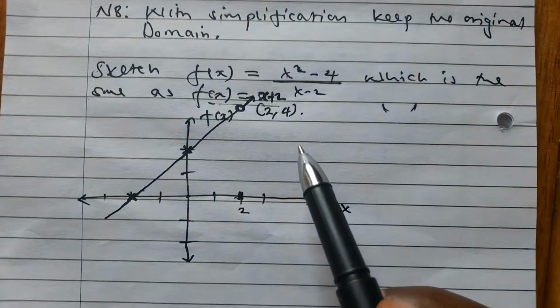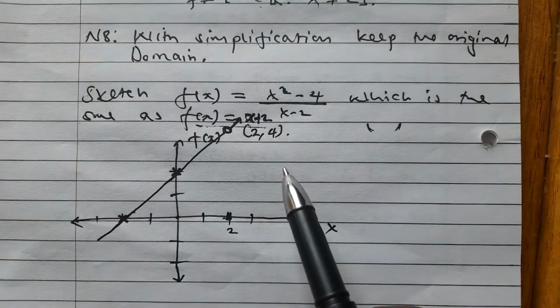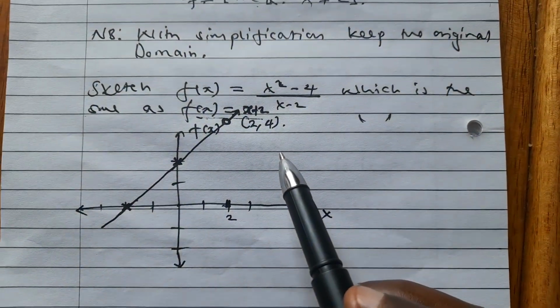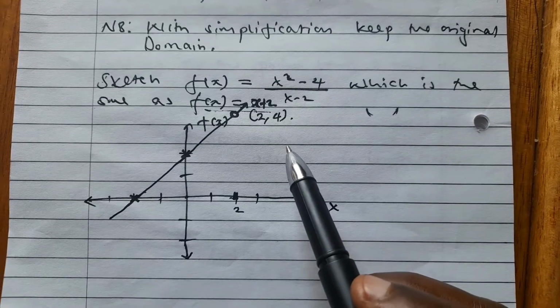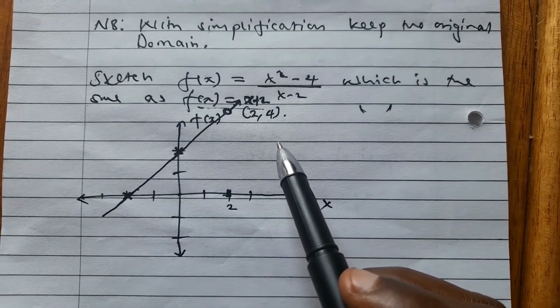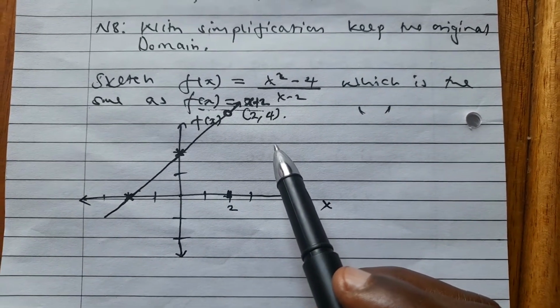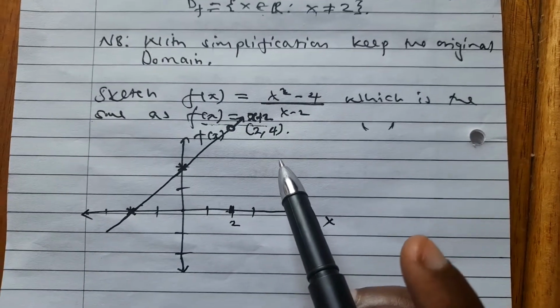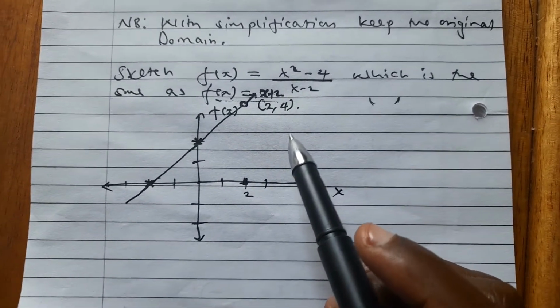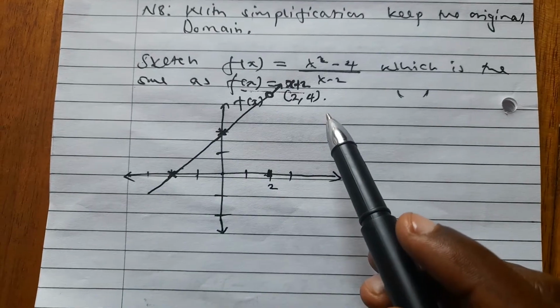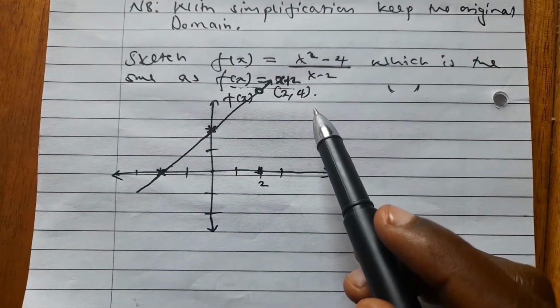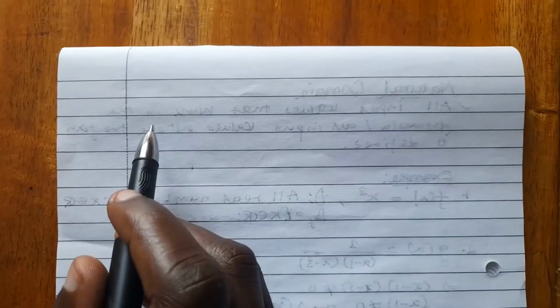That is a removable discontinuity. But if we have a function that we cannot simplify or cancel out the domain problem, then that particular function is said to have an asymptote.